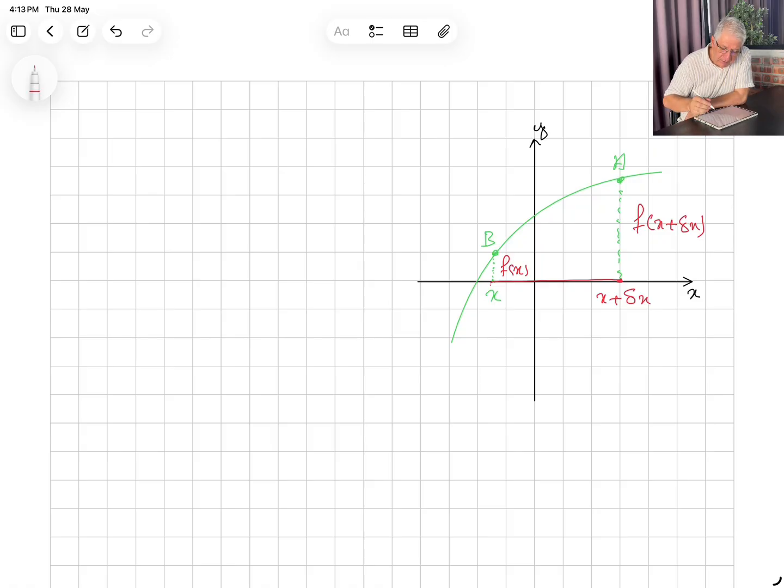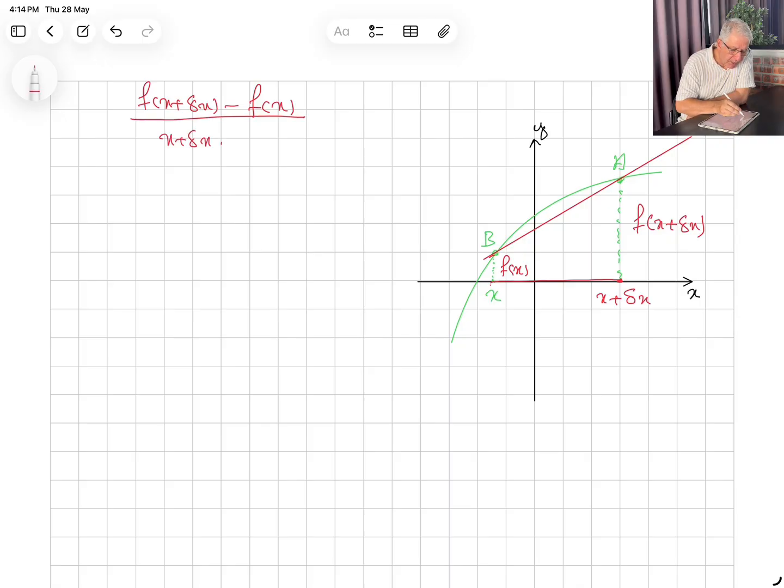So if I join A to B, I am going to get the gradient of this line. The gradient is change in y over change in x, which means f of x plus delta x minus f of x divided by x plus delta x minus x.